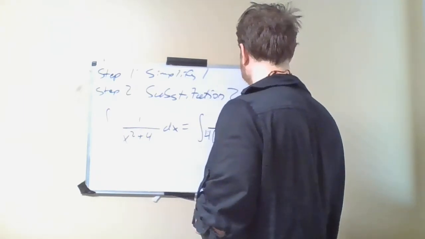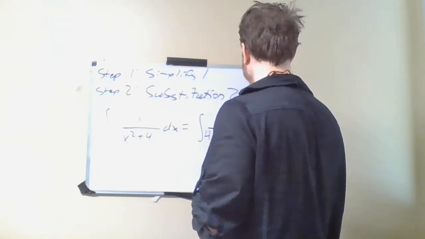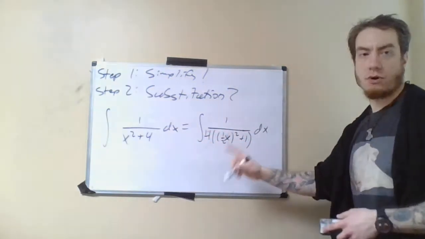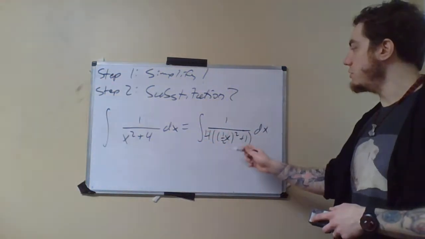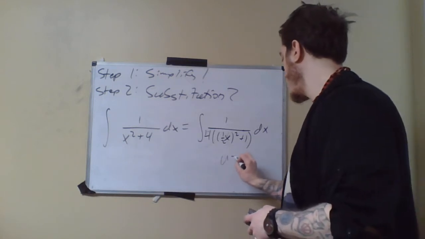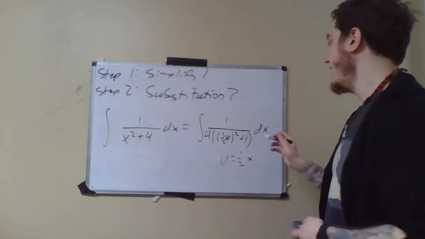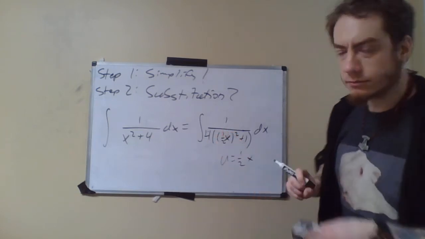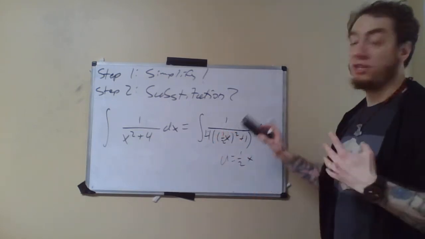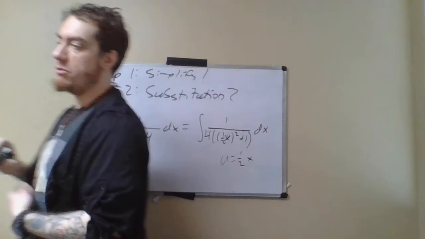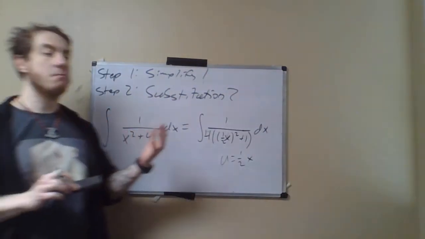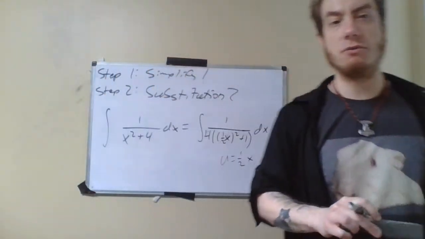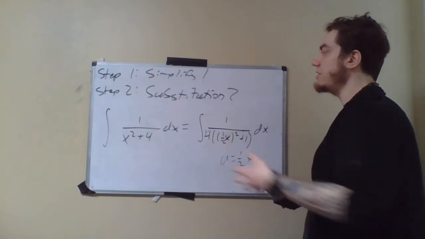And then you bring the 1/4 out, and you can now do a u substitution, u equals 1/2 x, and this turns out to be in terms of arctangents. So, once again, this should perhaps seem familiar to you if you've been thinking about the examples we did last time. Those integrals that we got, you can handle in this way.